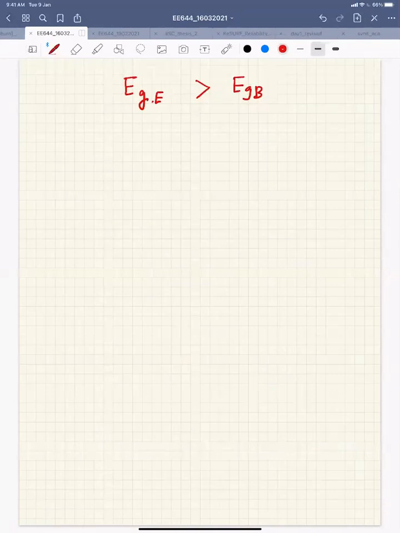Because your intrinsic carrier concentration is inversely related to the band gap, this will naturally happen. So your intrinsic carrier concentration in the emitter, NIE, will be lower than the intrinsic carrier concentration in the base, right?